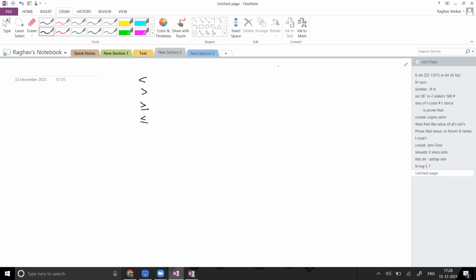Any inequality symbol. So how can we define the linear inequality?